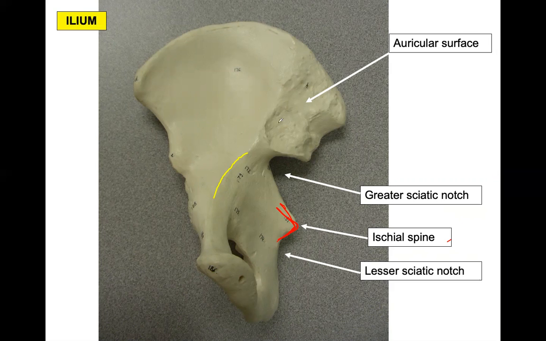This surface, which was basically marking the ilium as posterior, is the surface that comes into contact and attaches to or forms articulation with the sacrum, called the auricular surface. Sorry, not articular, auricular surface, I apologize.